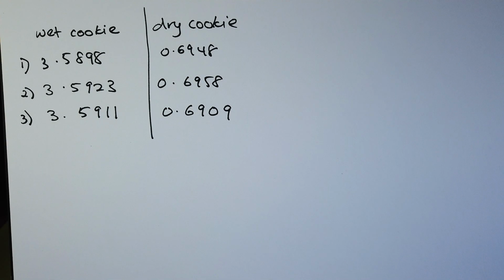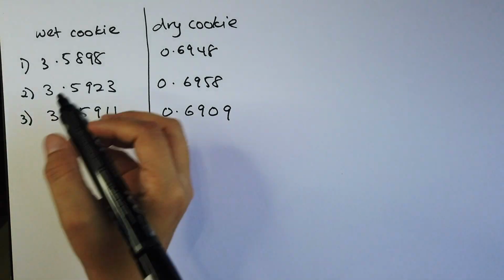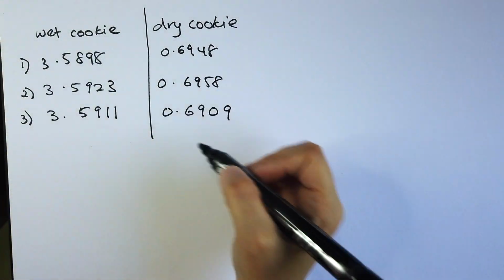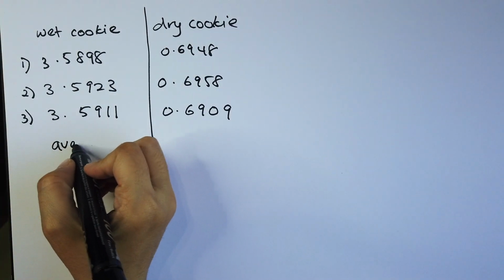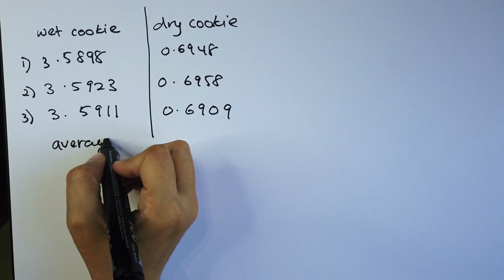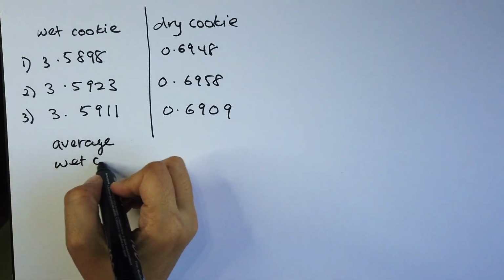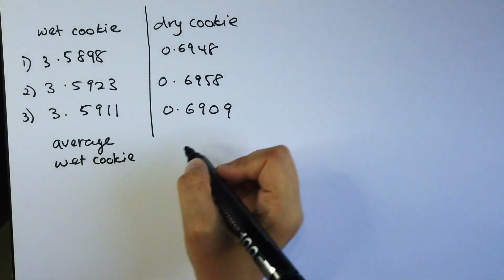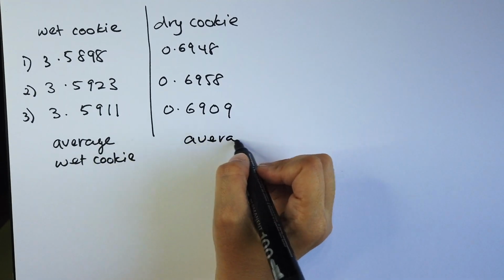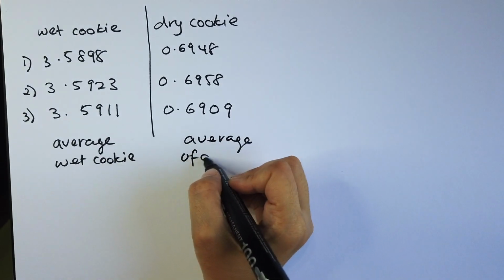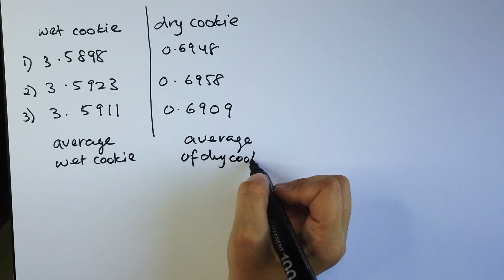Now what you need to calculate next is the average, because you have 3 different readings, right? So you need to have the average of wet cookie and average of dry cookie.